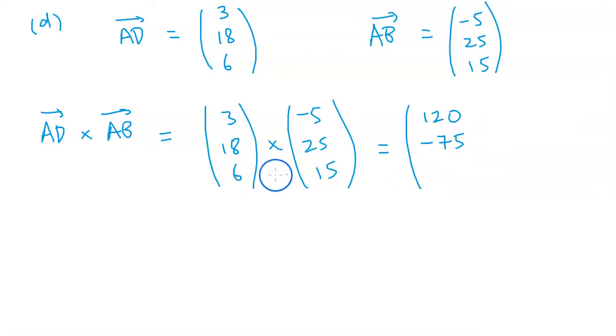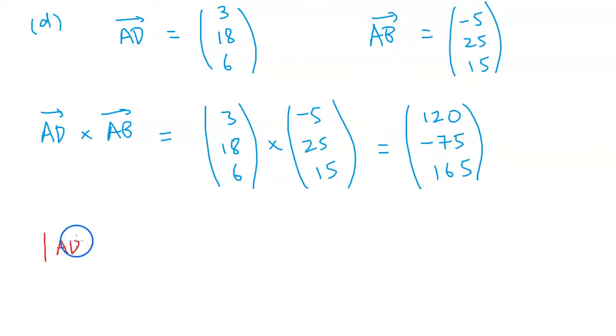And then lastly, we delete the last row. It's 3 times 25 minus -5 times 18, and that is apparently 165. Okay, so that is our AD cross AB vector. Beautiful. To find the area of our parallelogram, we just need to calculate the length of it.